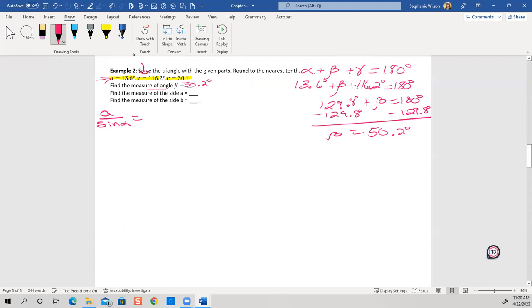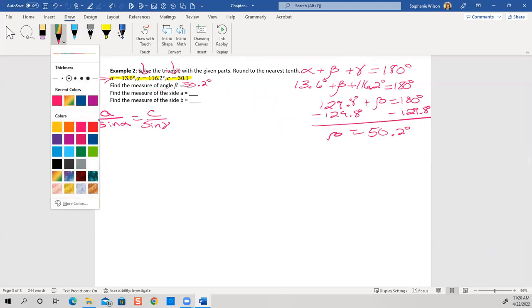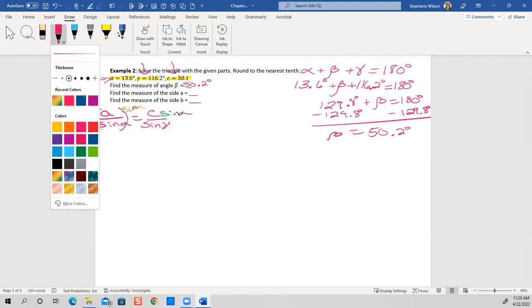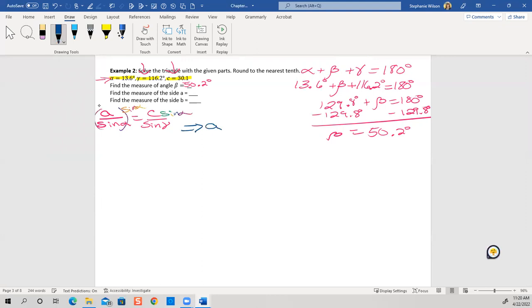And we're going to use C because from the start, we know alpha or gamma and C. So we're going to use it as our original. I'm going to solve for A by multiplying by the denominator that's underneath it. It's underneath A, that's attached to A. Once I do that, now I can just plug in what I know.